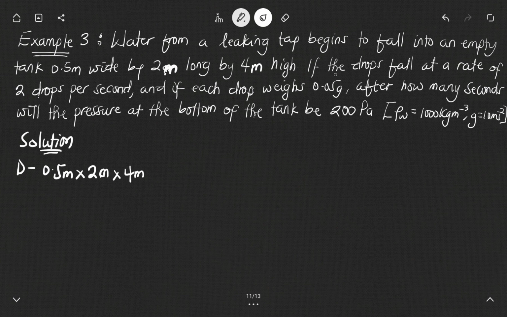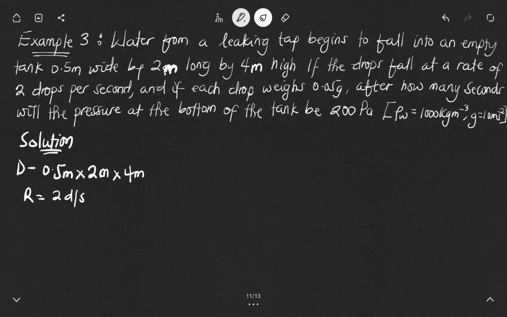So I was told if the drops fall at the rate of 2 drops per second, right? So let me say the rate is 2 drops per second, okay.